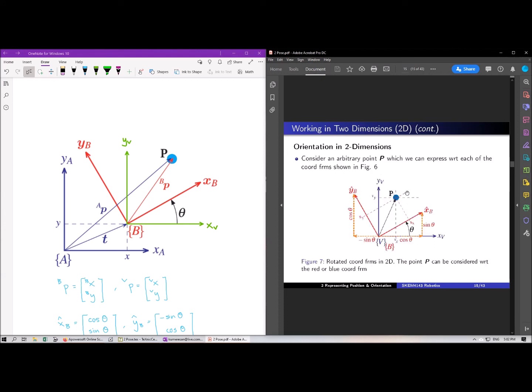See figure 7. So now we are talking about figure 7, which refers to figure 6.